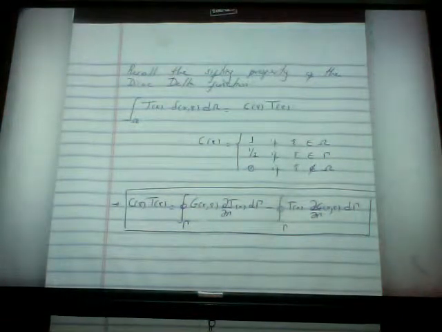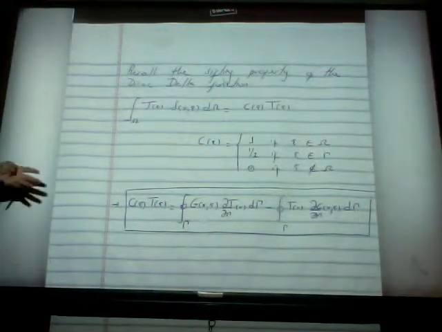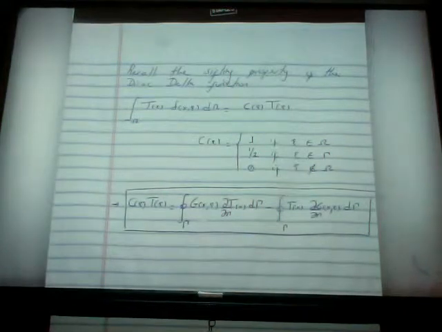However, this is an exact expression. We haven't done anything that is approximate. This is an exact relationship that is equivalent to the Laplace equation, okay?